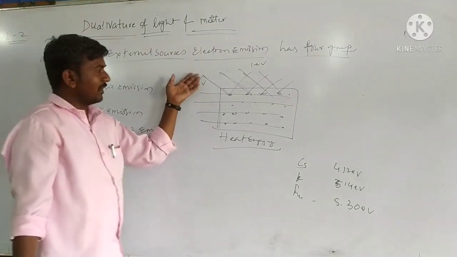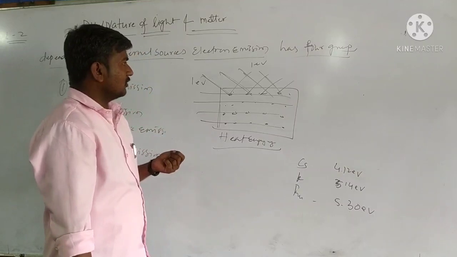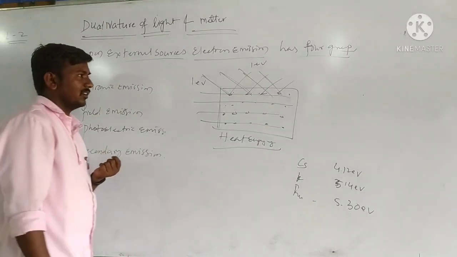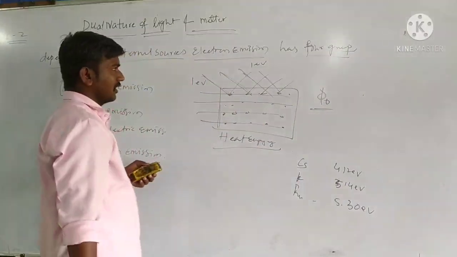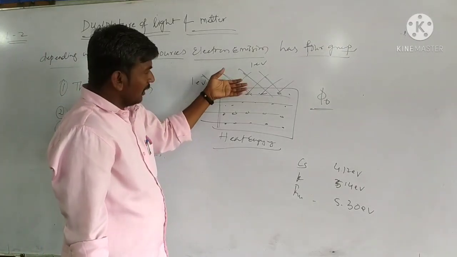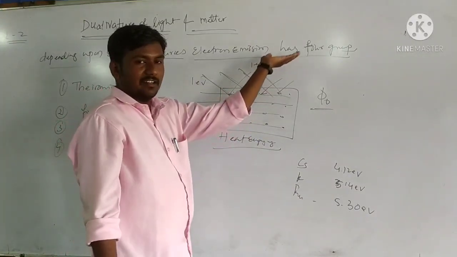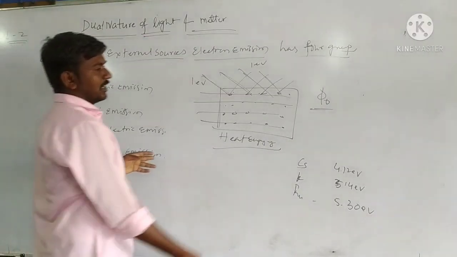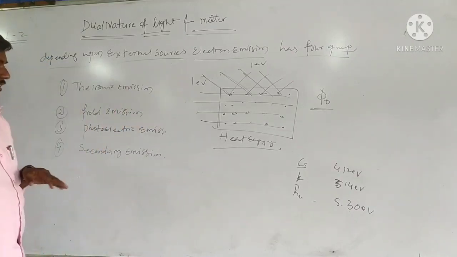The minimum amount of energy which is required to get outside of this metal surface. उस वाले एनर्जी को क्या हम बोलते हैं? वर्क फंक्शन. That is called phi naught. Okay. So यहाँ पे देखना, जितना अमाउंट ऑफ एनर्जी हम सप्लाई करेंगे उतना उससे ज्यादा क्या होगा? ऑब्जर्व करने के बाद they will get liberated outside the metal surface. Okay. तो उस वाले हम एनर्जी को क्या बोलते हैं? वर्क फंक्शन. Next ये हो गया heat energy.